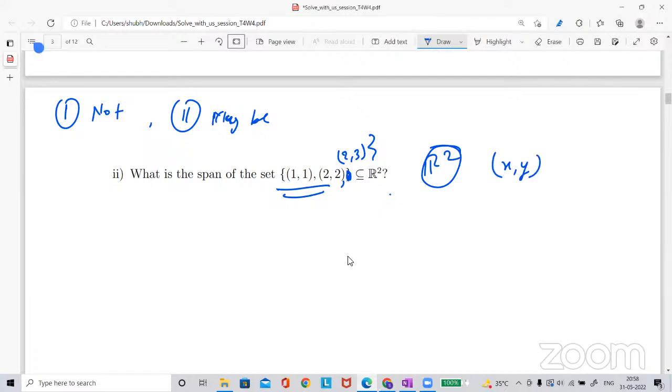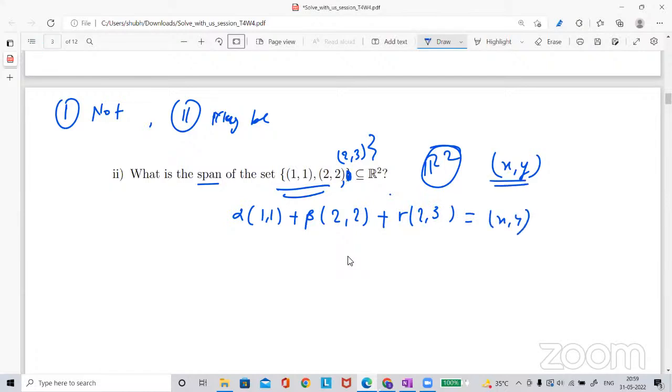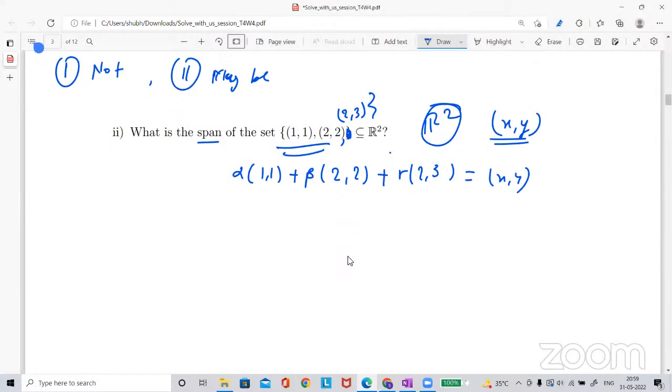Now, what does span say? If span of this is R2, it means there exists a linear combination which gives this vector xy. So let's say alpha times (1,1), beta times (2,2), and gamma times (2,3) is xy.